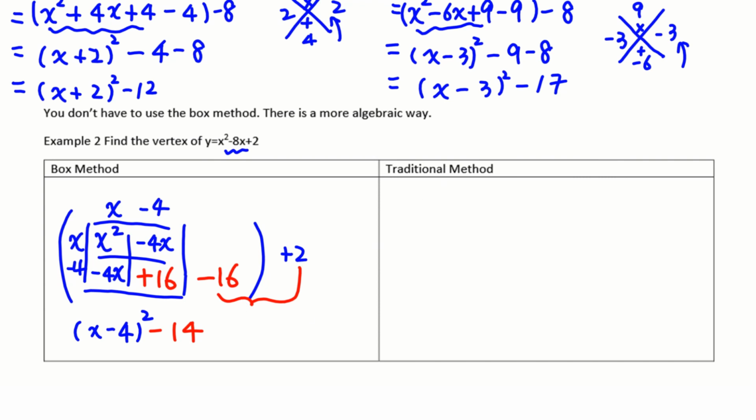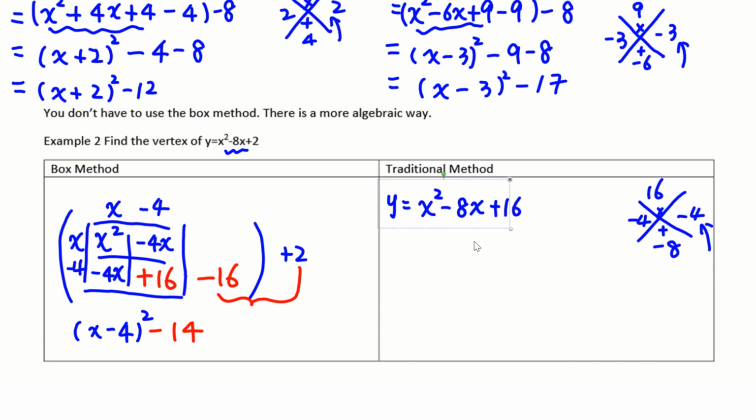Then the traditional method, we are going to go backward, minus 8, split it, we have minus 4, minus 4. Then times together need 16. So we rewrite the expression as x squared minus 8x. We want the last term to be 16.